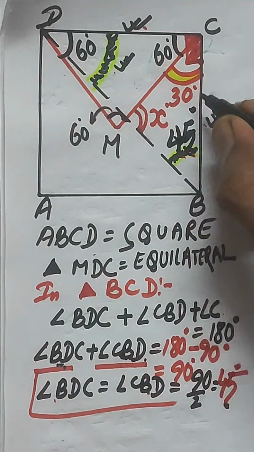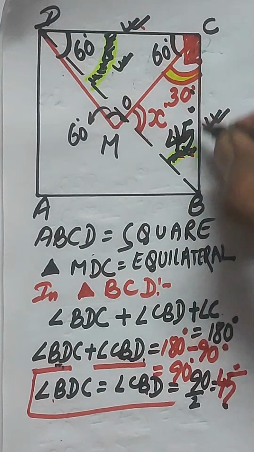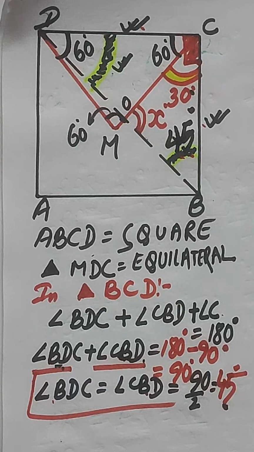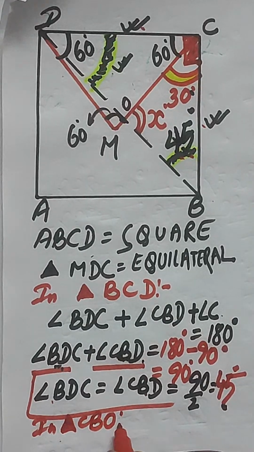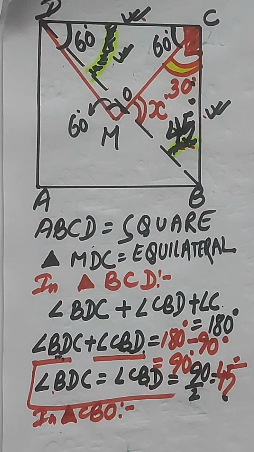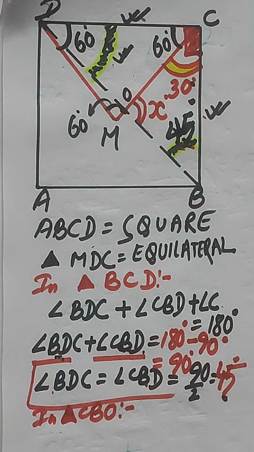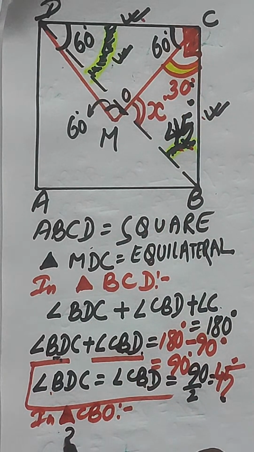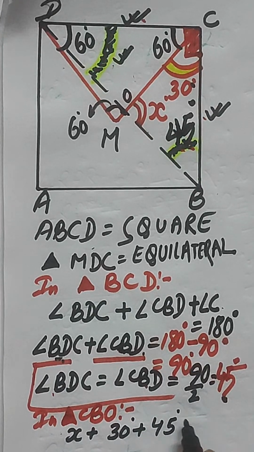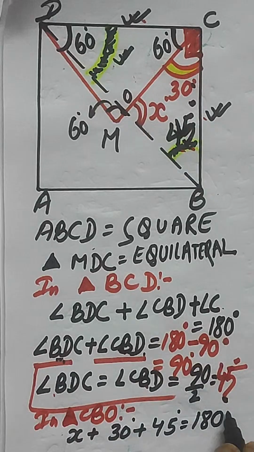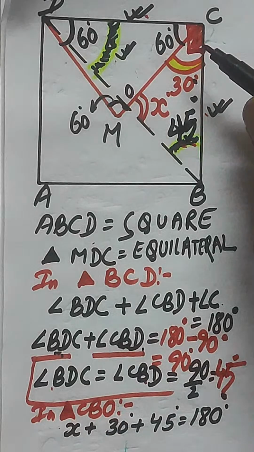And if this is 45, this is 30, and if you consider this triangle, let's say if this is O, triangle CBO. So in triangle CBO, you can see x plus 30 plus 45 will add up, and this will give you the sum of all angles of any triangle, which is 180.